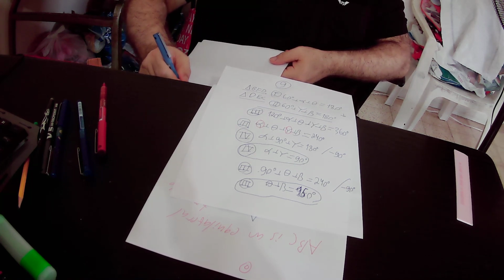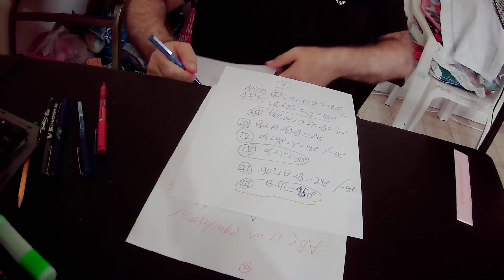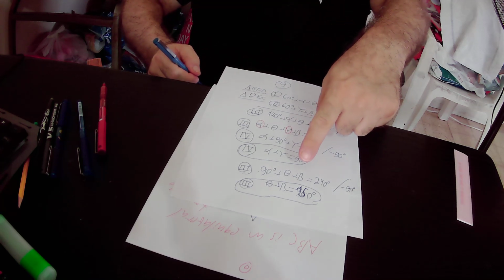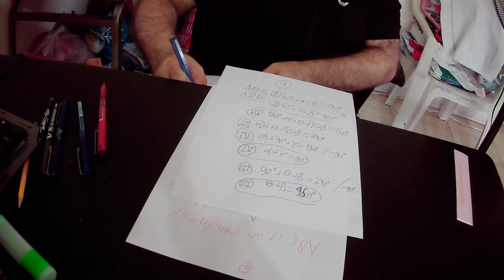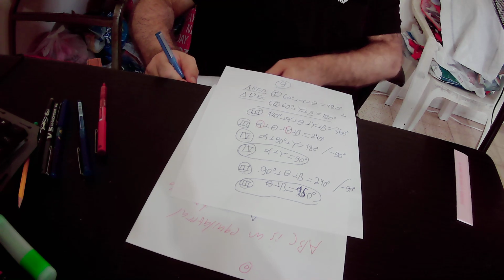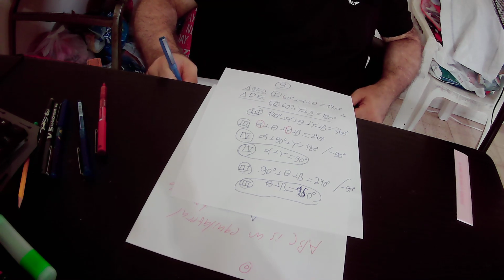In the next step we will subtract theta from this third equation, and we will get that beta equals 150 degrees minus theta.